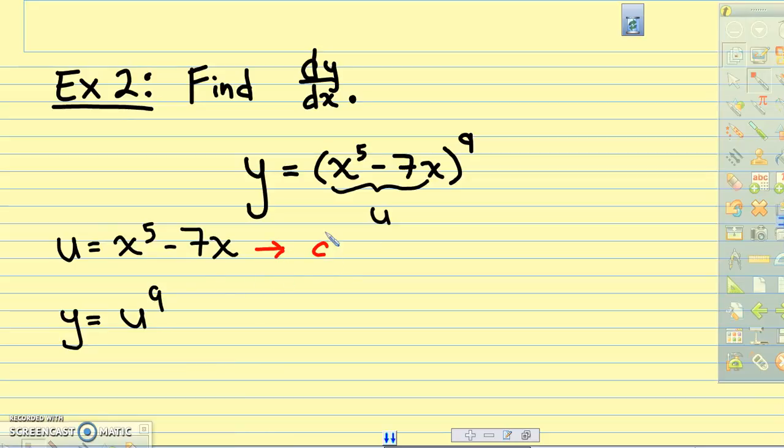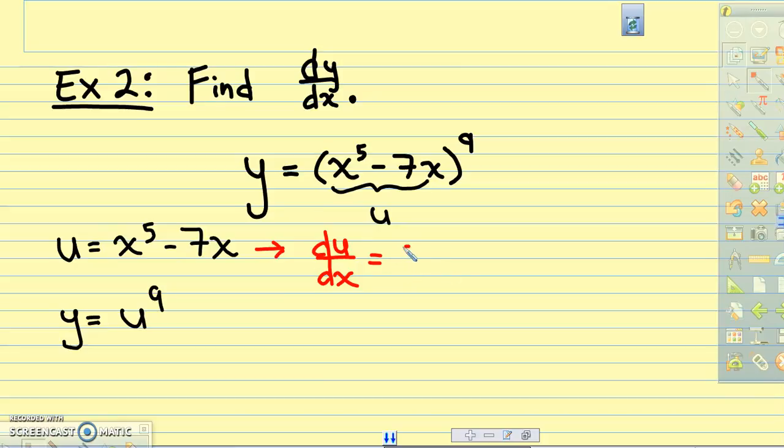My derivative here with respect to x. So how do I know that I'm taking the derivative of u with respect to x? That's because we have u equals x to the fifth minus 7x. Every variable here is x.